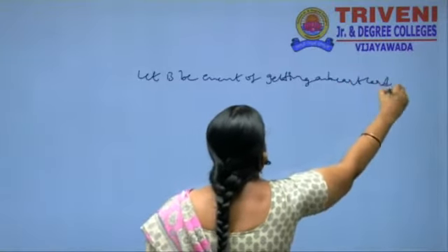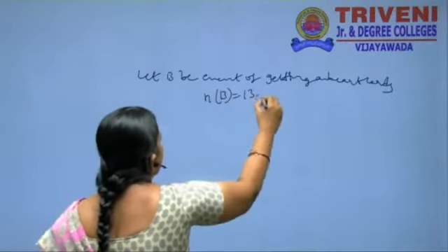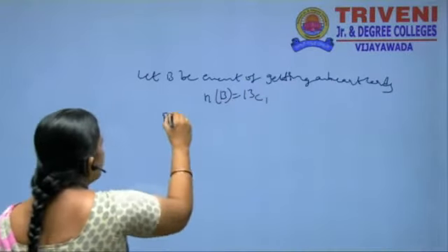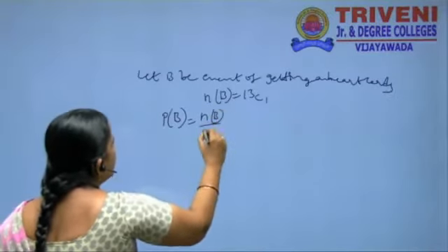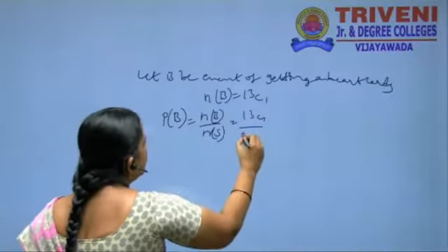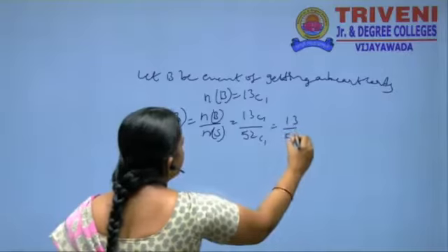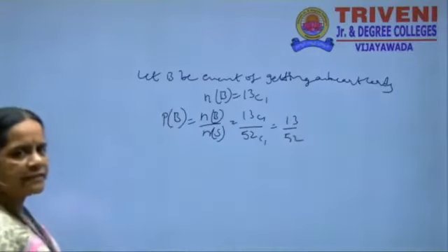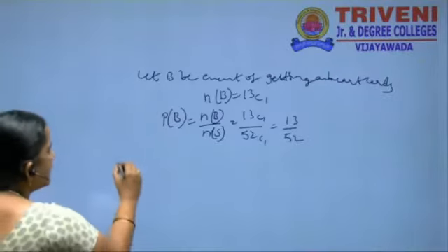That is, n of B is equal to 13C1, and the probability P of B is n of B by n of S, that is equal to 13C1 by 52C1, that is equal to 13 by 52. Here, for A intersection B, the ace of hearts is the only card common here.